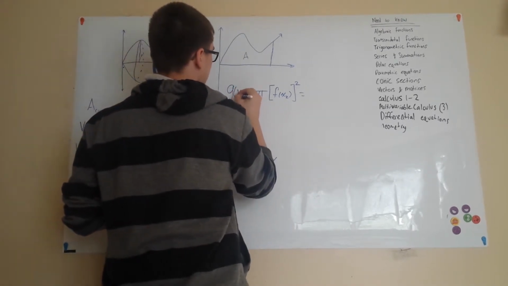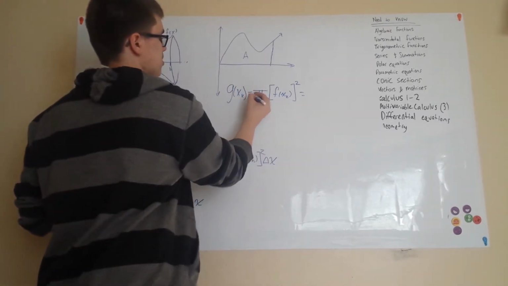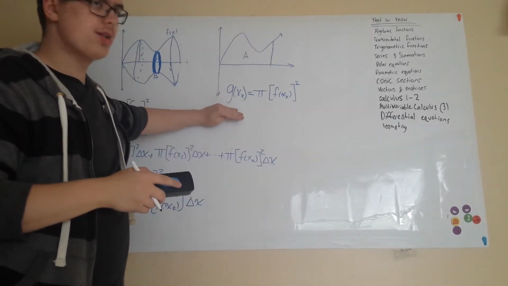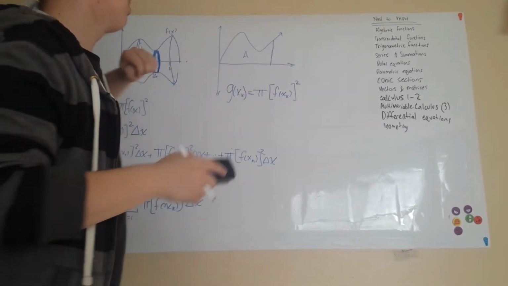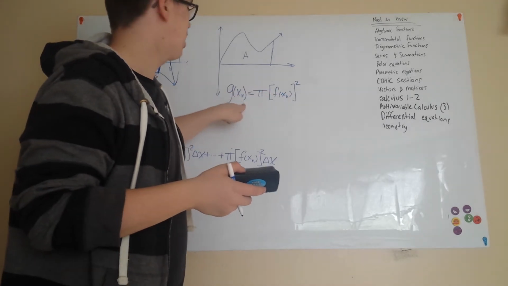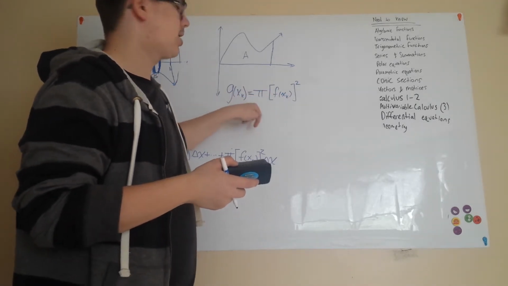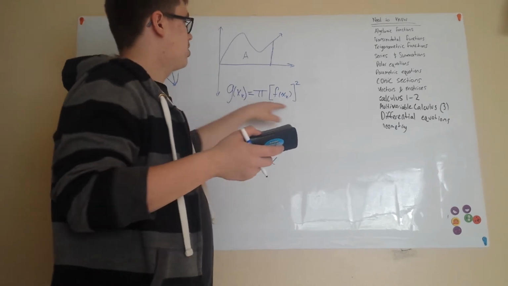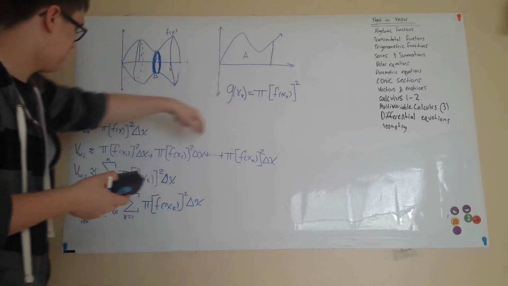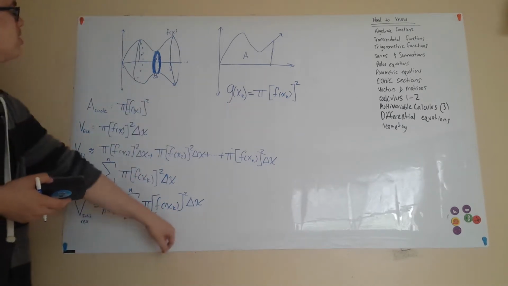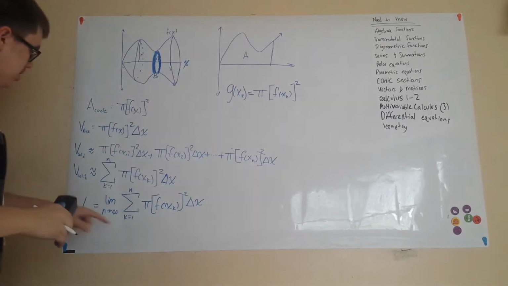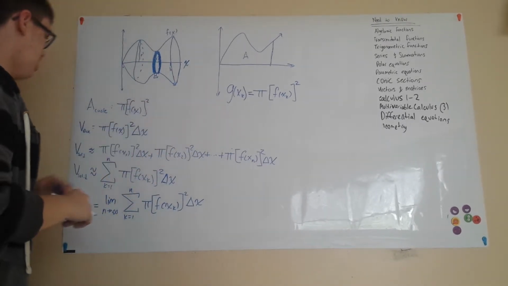Can g of x sub k equal this right here? It's perfectly fine as long as we have these k's here. So g of x sub k is a function of that. It's legal to substitute, right? So let's see what this turns into when we substitute that.